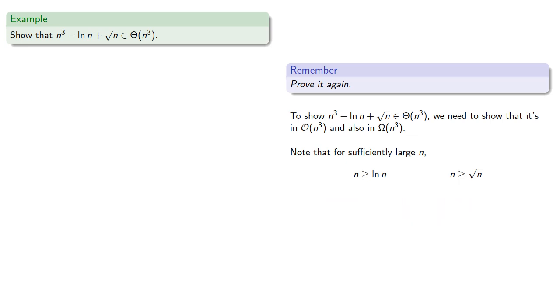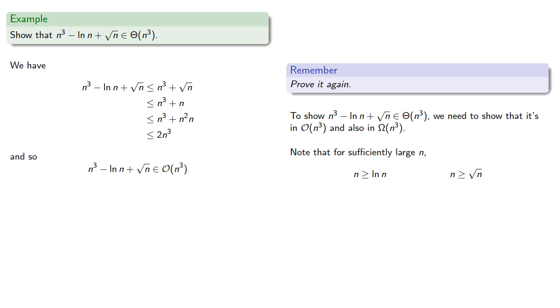And what this means is that we can make this function bigger by not subtracting log n, by replacing root n with n, and by multiplying n by n squared, and so our function is big O of n cubed.